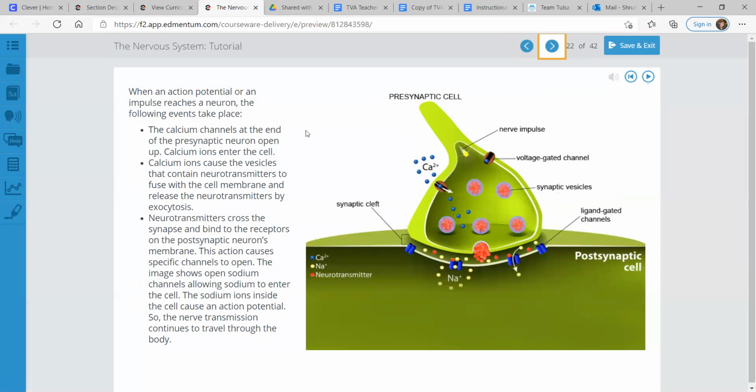When an action potential, also known as an impulse, reaches a neuron, the following events take place. The calcium channels at the end of the presynaptic neuron open up. So at the presynaptic neuron, calcium ions are entering the cell. Calcium, you see how they're coming into the cell.